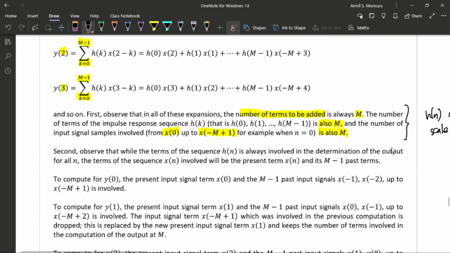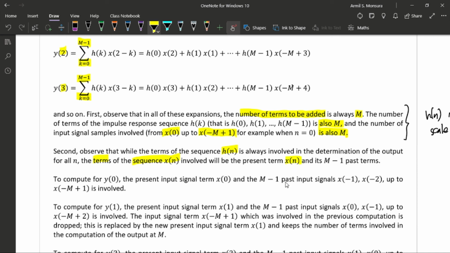So second, observe that while the terms of the sequence hn are always involved in the determination of the output for all n's, the terms of the sequence xn involved will always start with the present term.